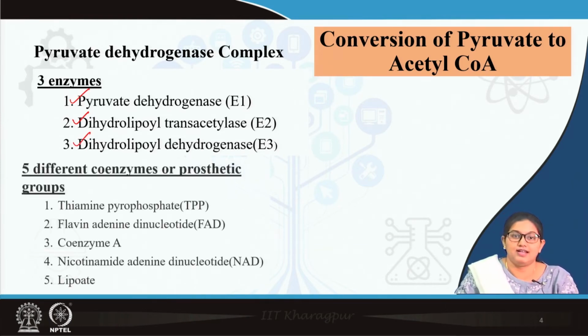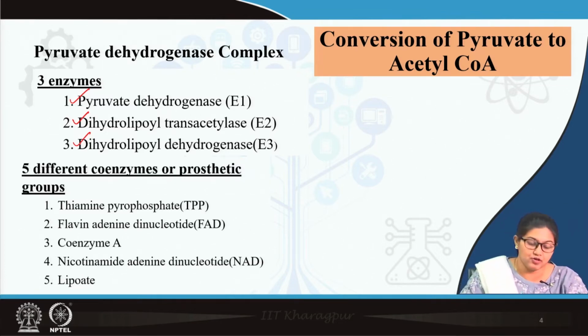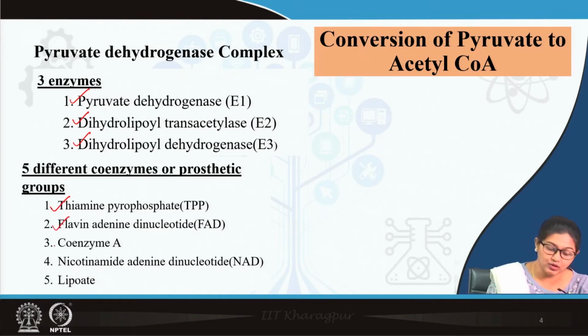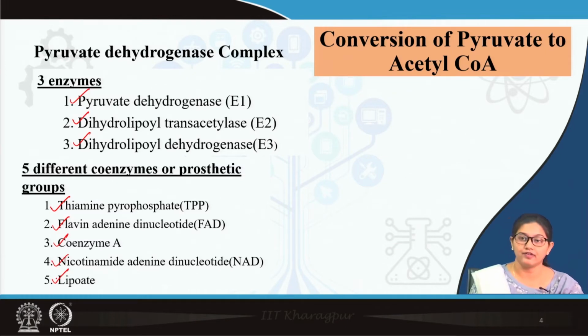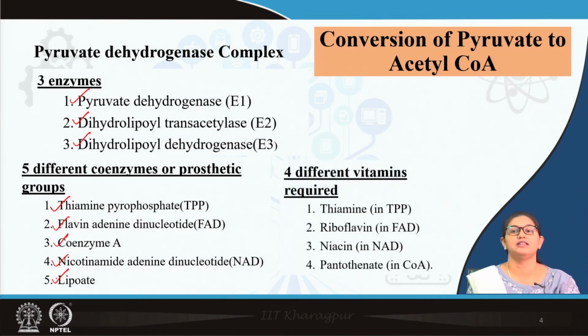Not only that, there are 5 coenzymes or prosthetic groups. What are those? Thiamine pyrophosphate, flavin adenine dinucleotide, coenzyme A, nicotinamide adenine dinucleotide as well as lipoate. These are the 5 different prosthetic groups or coenzymes. Now, nutritionally this enzyme complex is also important because 4 vitamins are required.